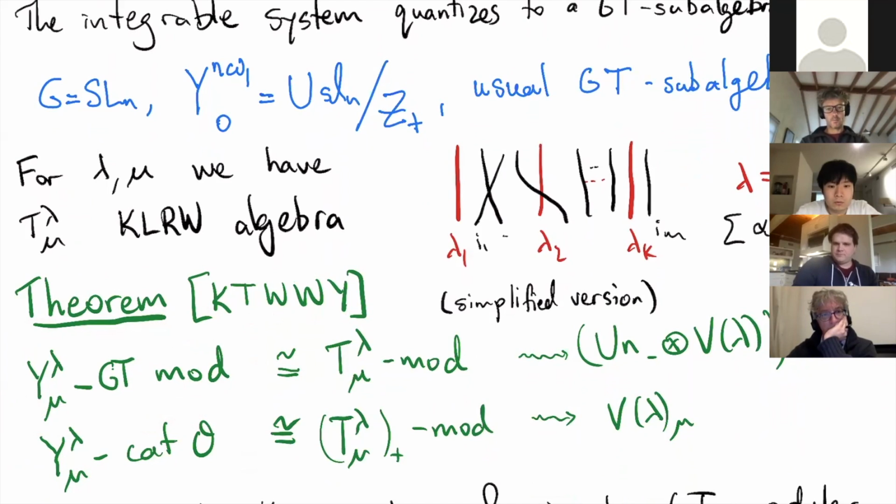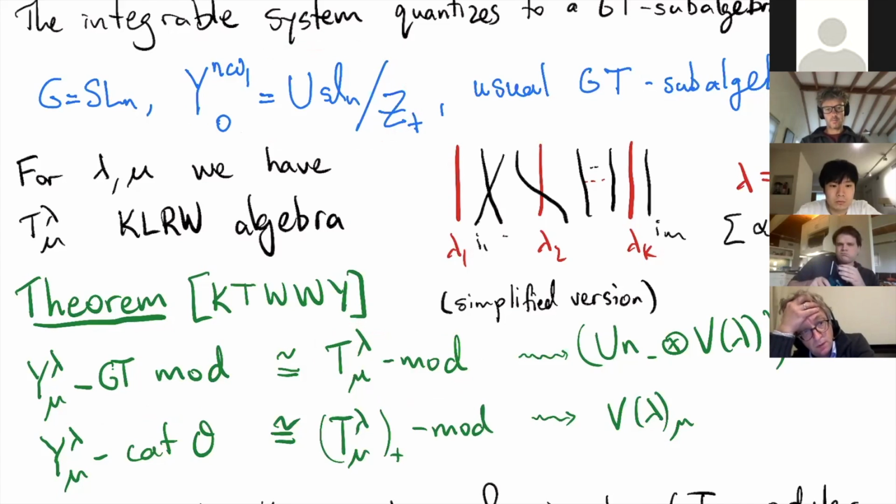But again, I emphasize this Gelfand-Tsetlin algebra is much bigger than the Cartan subalgebra in, for example, this example. So we study this category of Gelfand-Tsetlin modules for Y lambda mu, and we proved that it was equivalent to the category of modules for this KLRW algebra. And here I'm considering the KLRW algebra without imposing any condition.